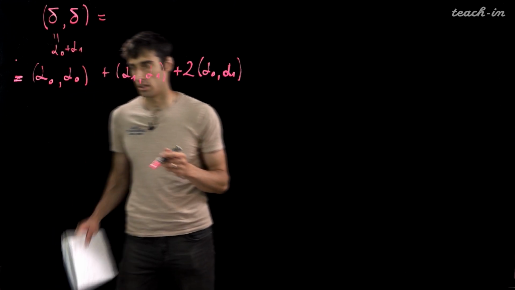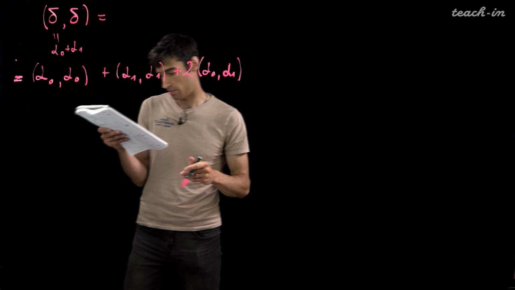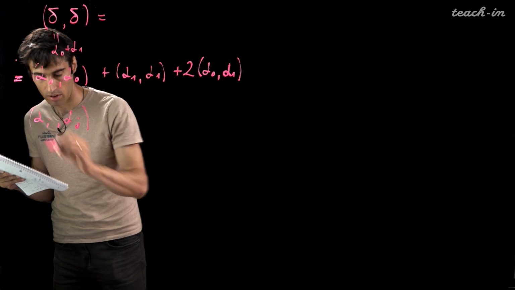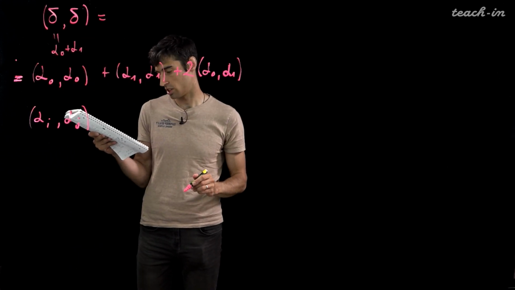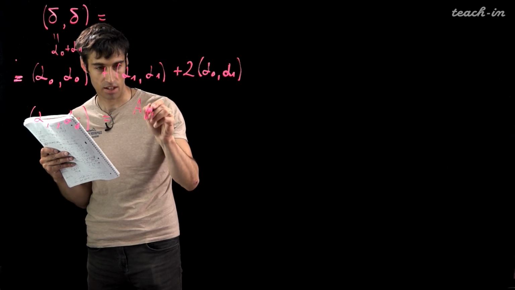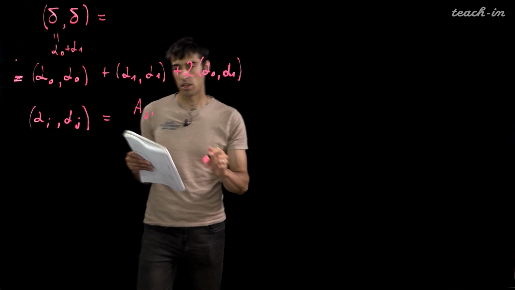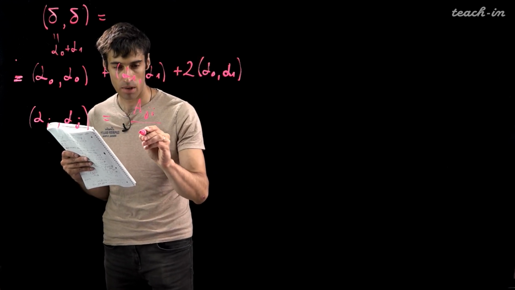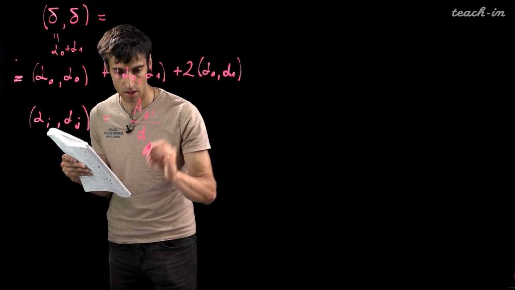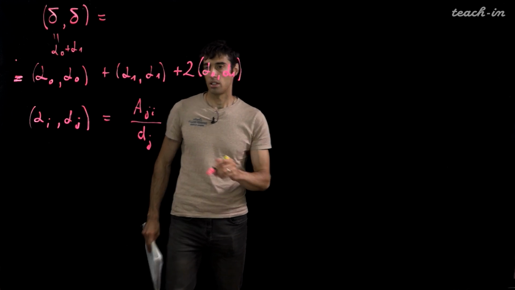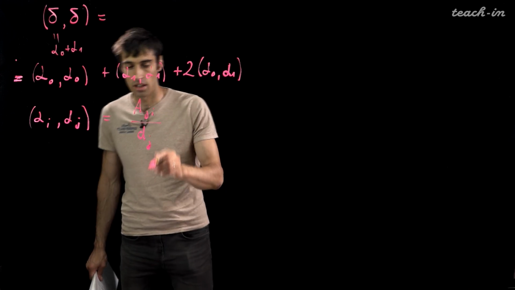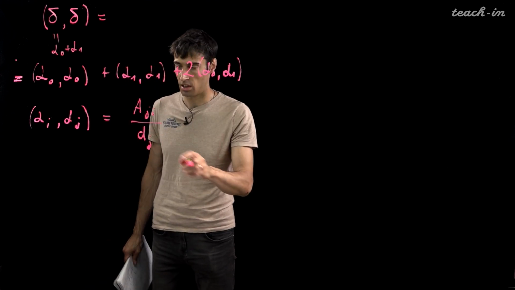Remember that we introduced the following form on alpha i, alpha j: it is a_ji, elements of the Cartan matrix divided by d_j.